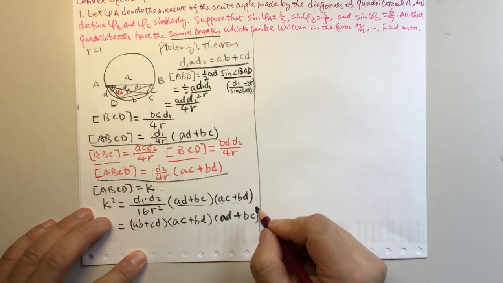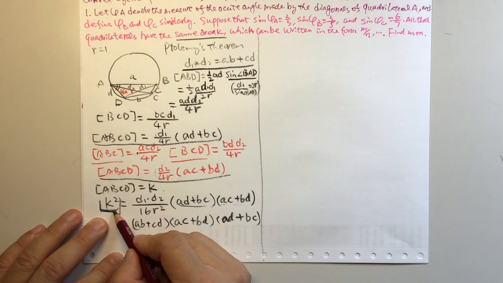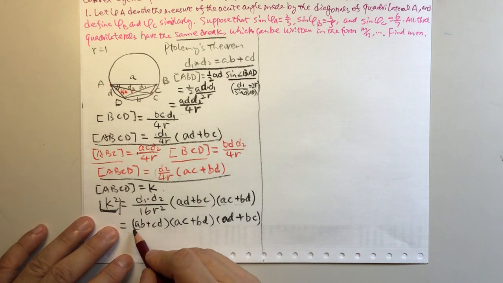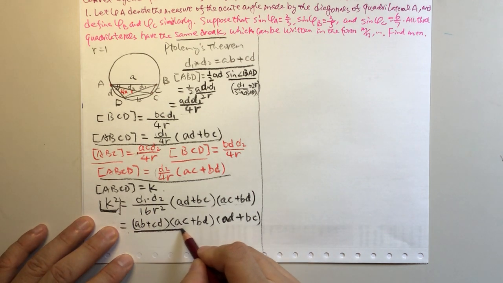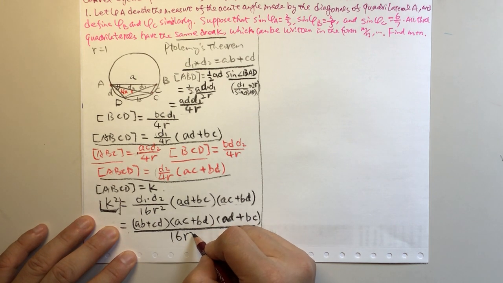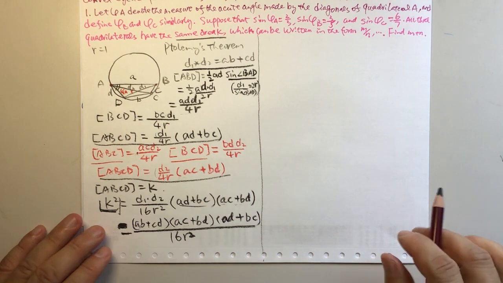AC plus BD, then times AD plus BC, right? Okay, now we got this one, the square of the area of ABCD equals this one over 16R squared, and we can write it like this equation, right? We got this.